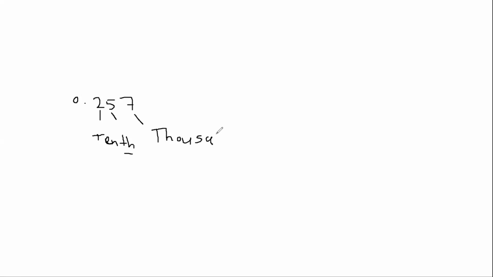That is the place value for number 7. As simple as that. Number 5, its place value is hundredth, even though we were not asked that. We were only asked to give the place value of digit 7. So that's what you are supposed to give.